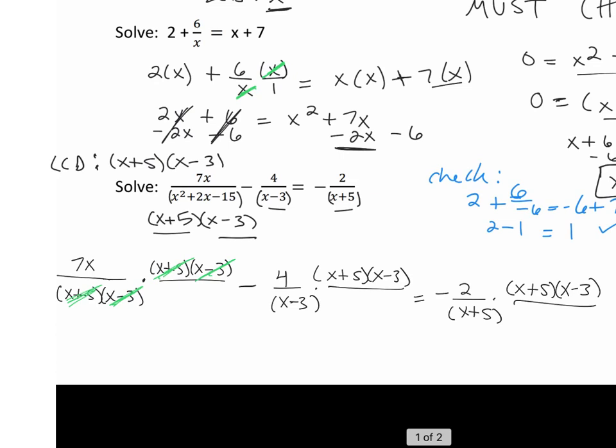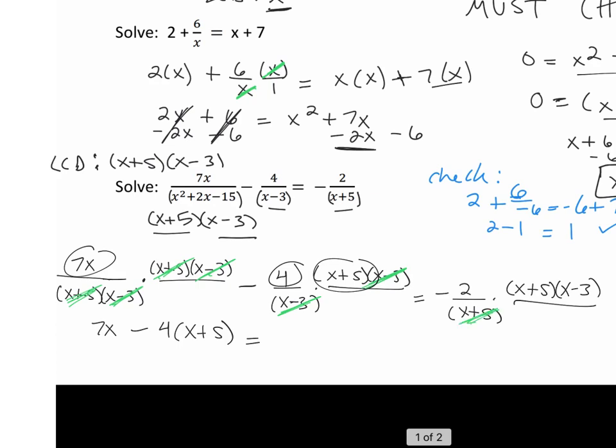And so for the first term, that's going to leave us just the 7x here. Now the second term, we're going to cancel out the x minus 3. And that's going to leave 4 and x plus 5. Then we want to go to the other side.